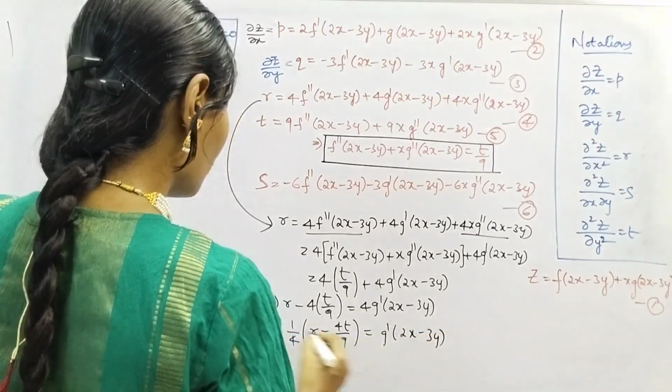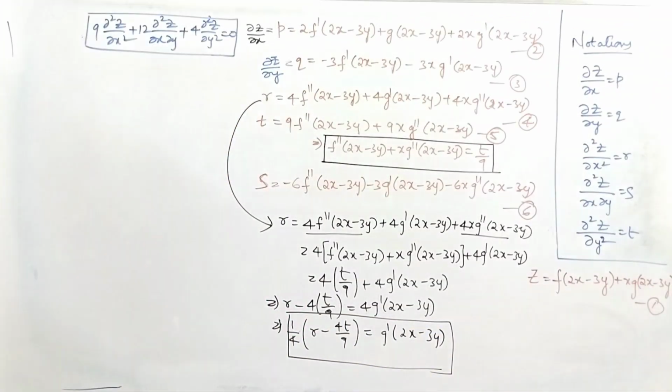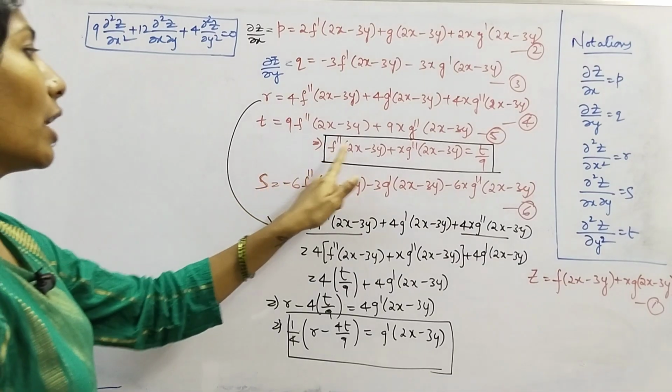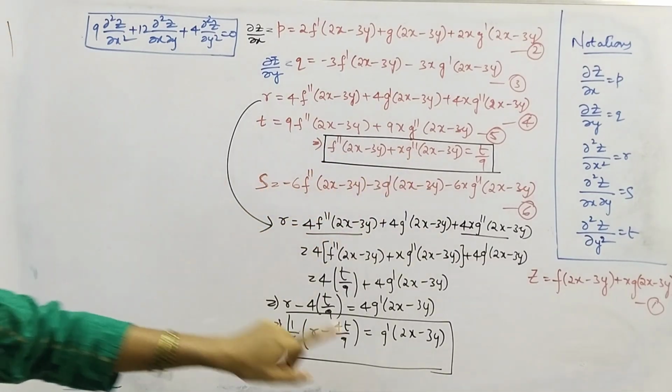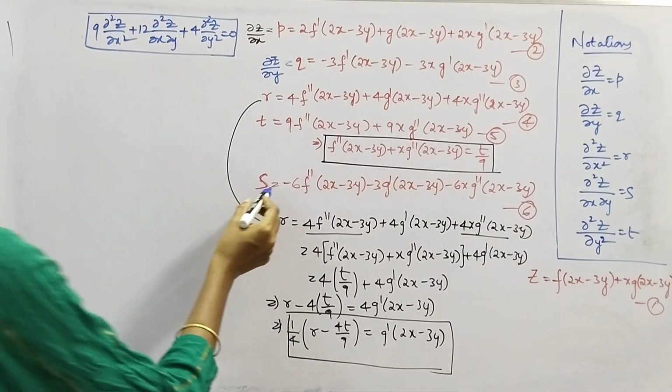So you got the value of g dash, which is 1 by 4 into r minus 4t by 9, right? Now we are having the value of f double dash plus xg double dash, and we are having the value of g dash. Let's now use equation 6.